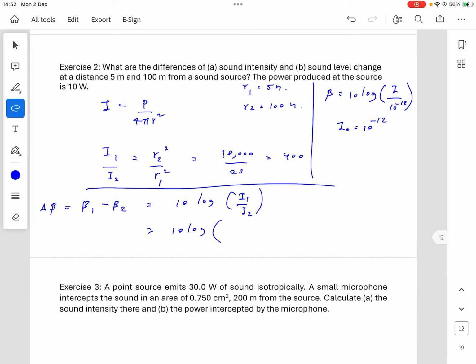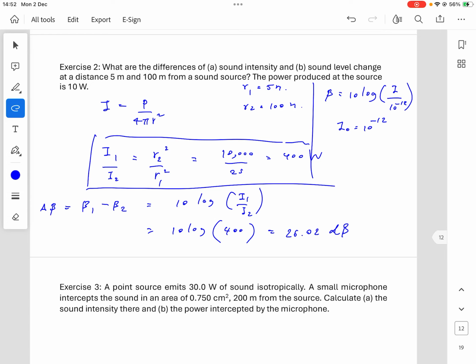You know the ratio. This is 400, right? So this is 10 multiplied by log 400, and the answer actually is 26.202 decibels.